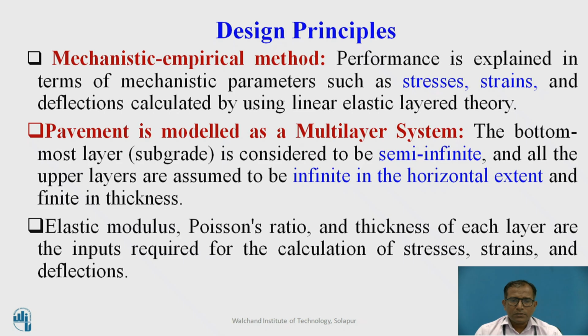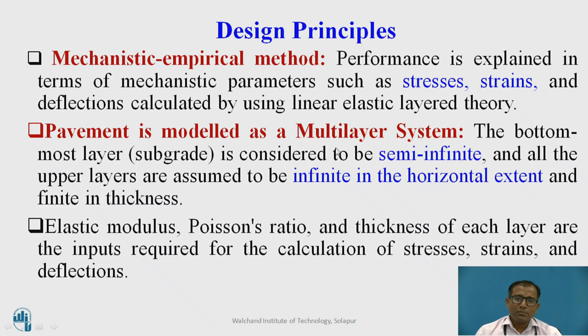As for the design principles, we consider the mechanistic empirical method, that is the IRC 37 2013 mechanistic empirical method. Here performance is expressed in terms of stresses, strains and deflections using the linear elastic layer theory. The term linear elastic indicates that when we remove the load, the pavement is going to deflect back or come back to its original shape with minimum strains.